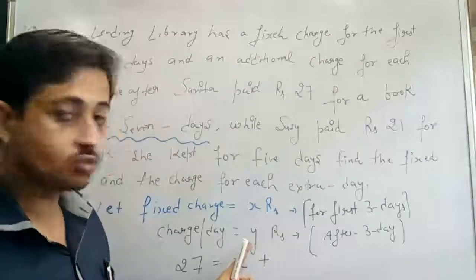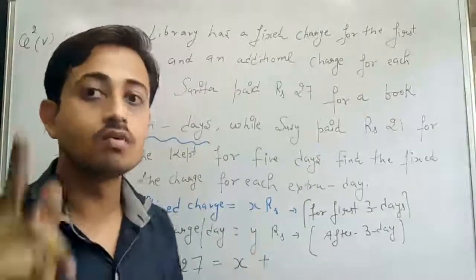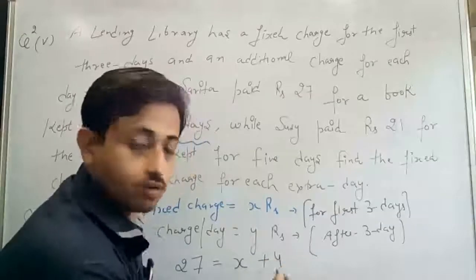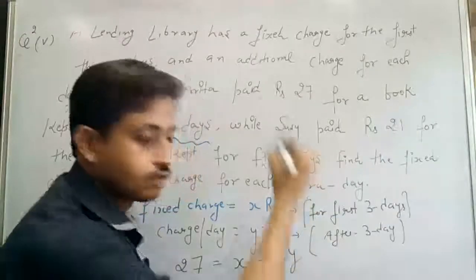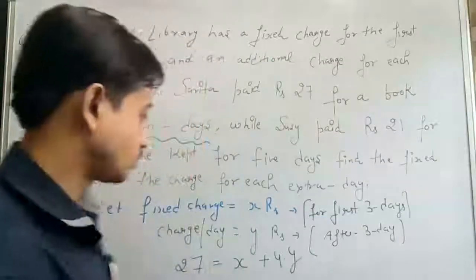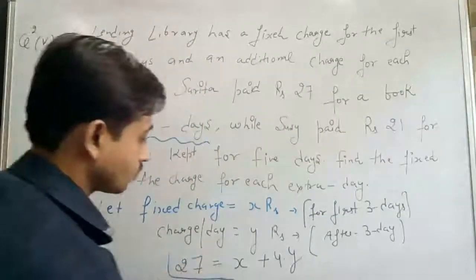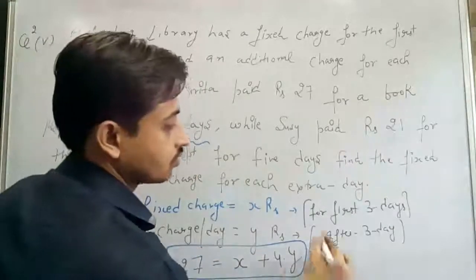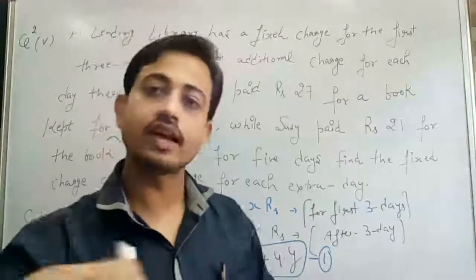The charge per day is Y, and she kept the book 4 days, so she has to pay 4 into Y. This is the first equation, so please make a note.